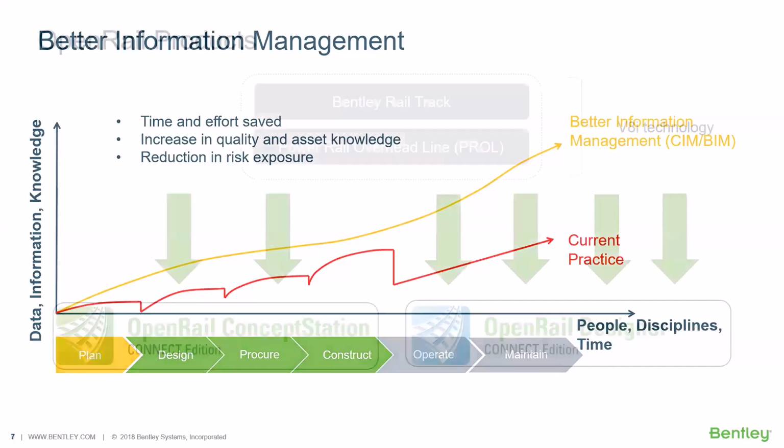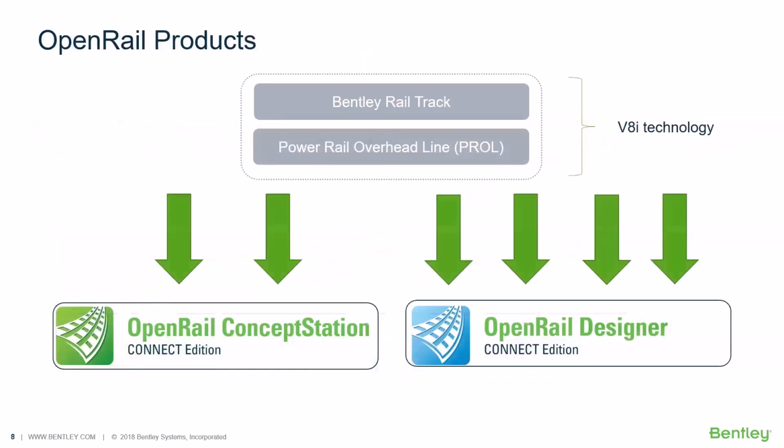The next thing is that a lot of people have been using products like Bentley Rail Track and PROL. We will be transitioning them across two different products, OpenRail Concept Station and OpenRail Designer. Concept Station, in very brief, is a tool that can help you do the conceptual design.